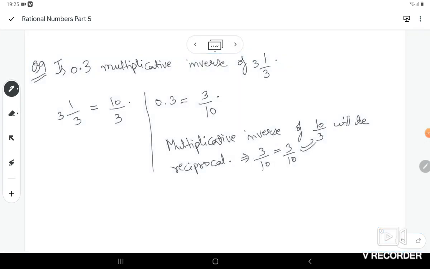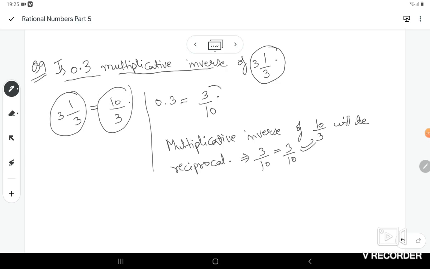Now next, question number 9 says, is 0.3 the multiplicative inverse of the mixed fraction 3 of 1 by 3? So let's solve it. 3 of 1 by 3 comes out to be equal to 10 by 3, and 0.3 is equal to 3 by 10, that is, converting decimal to fraction, 3 by 10.